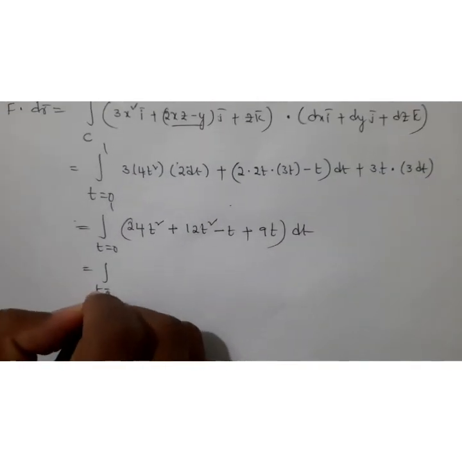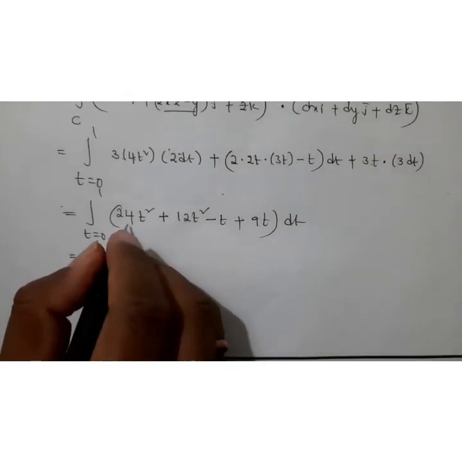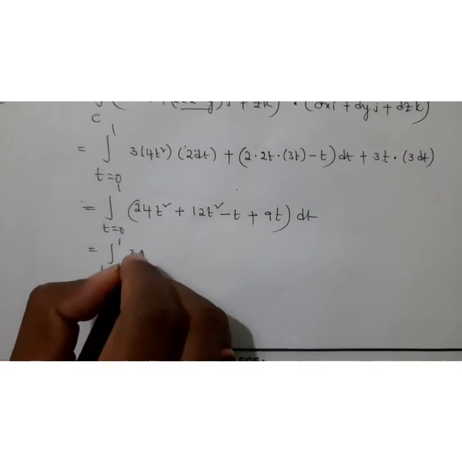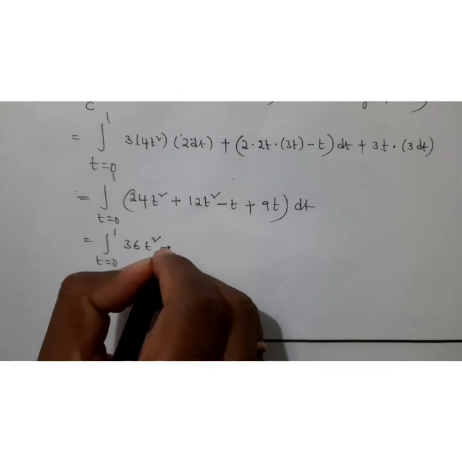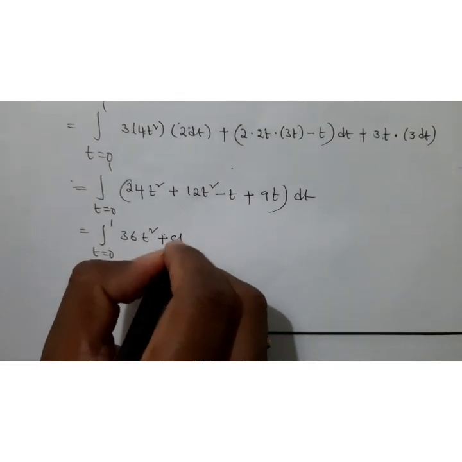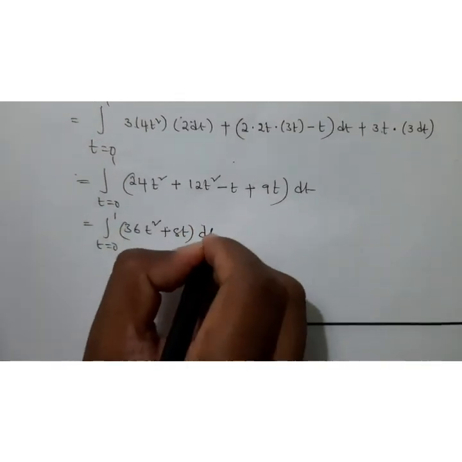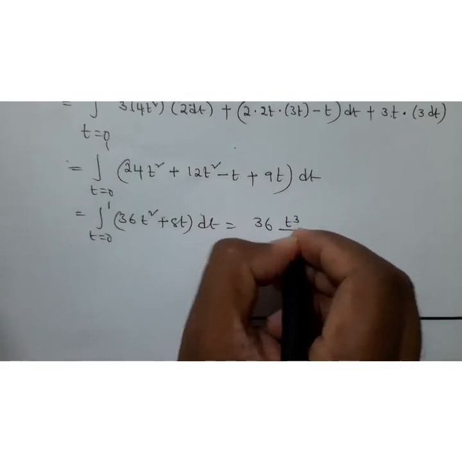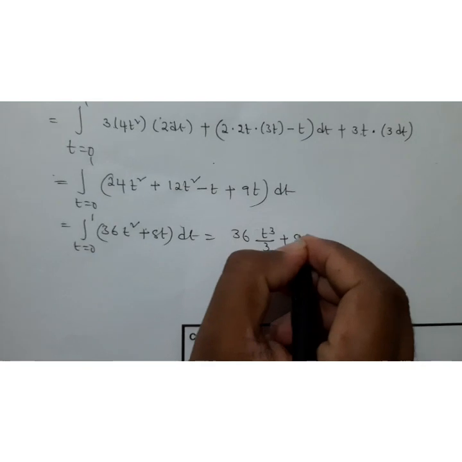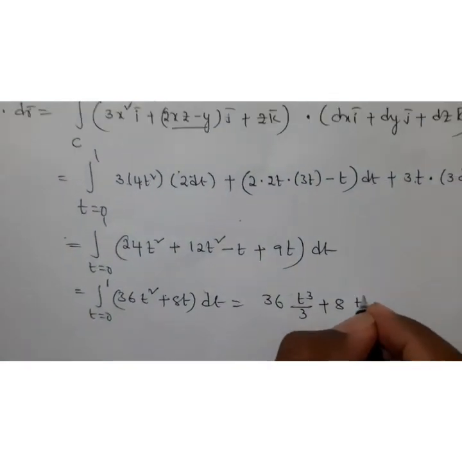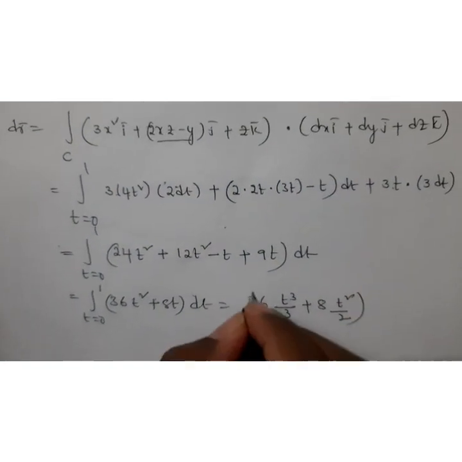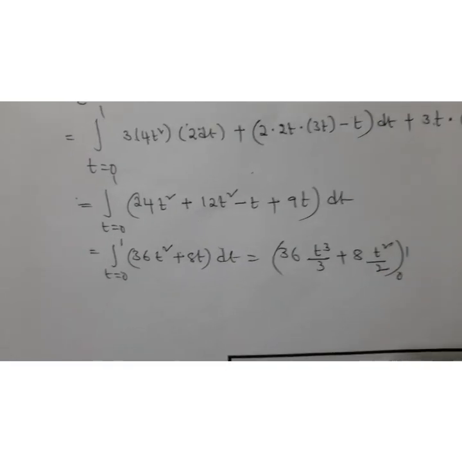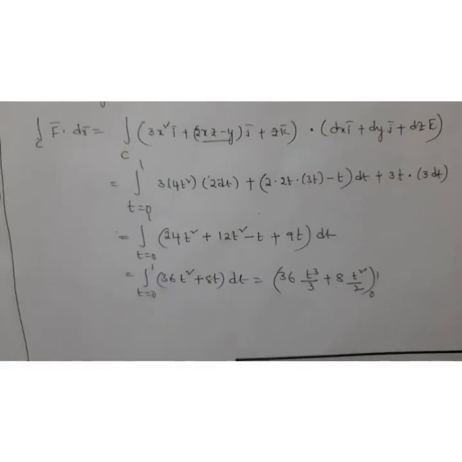Integral t equal to 0 to 1, 24 plus 12 is 36t square plus 8t into dt, is equal to integral 36 into t square, integration is t cube by 3, plus 8 into t, integration is t square by 2, limits from 0 to 1.